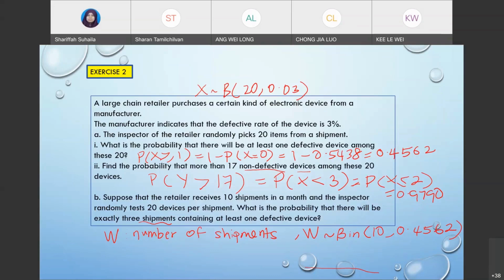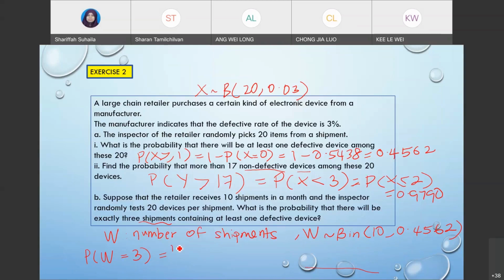So W represents the number of shipments that contain at least one defective device, which is 0.4562. Now you want to find exactly 3 shipments, so what we solve is probability W equals 3. If you want to find the exact value, you can use the probability mass function instead of using your stats table.